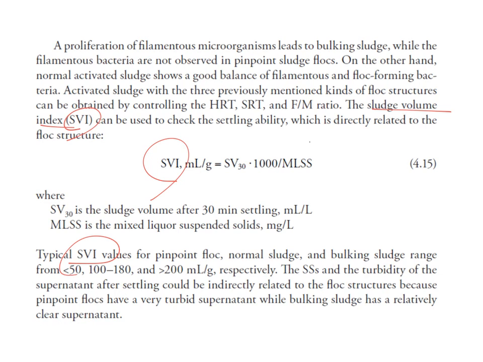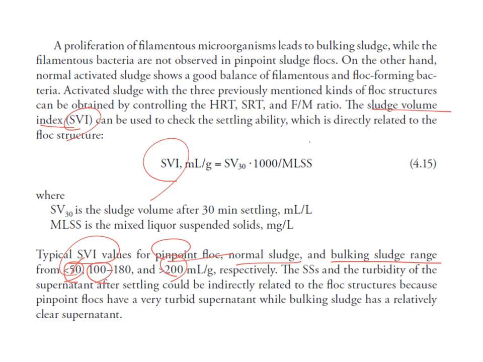Typical SVI values for pinpoint flock, normal sludge, and bulking sludge range from 50, 100 to 180, and 200.